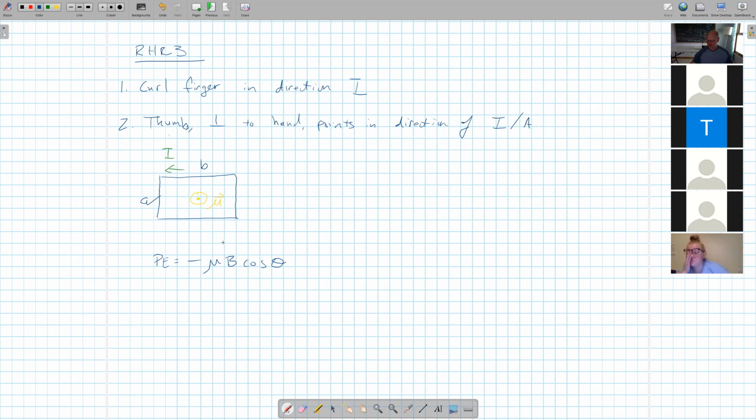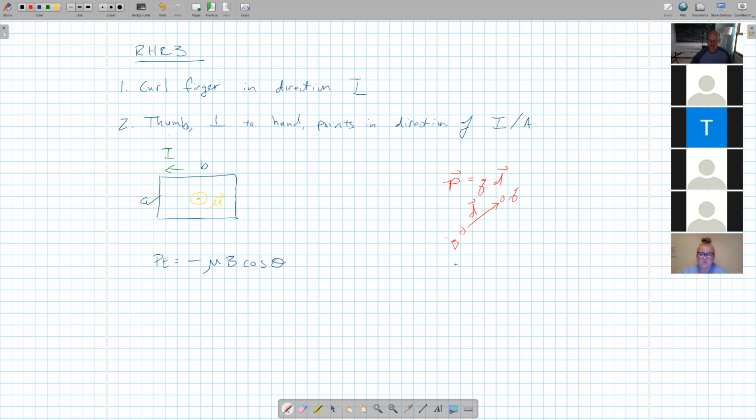Now, this is exactly the same thing as the electric dipole moment. Remember that for the electric dipole moment, we had the P vector, which is equal to what? The charge times the distance d, where this was negative q, and this was positive q. And d was the vector that pointed from negative q to positive q.